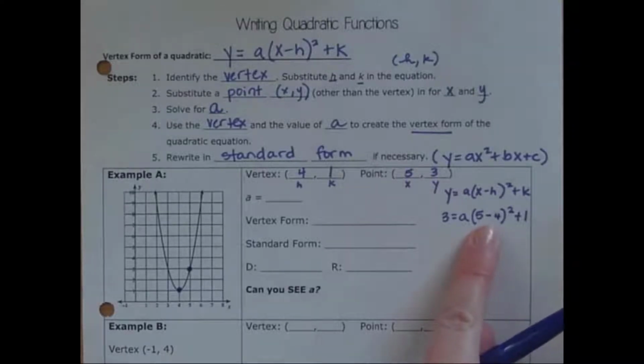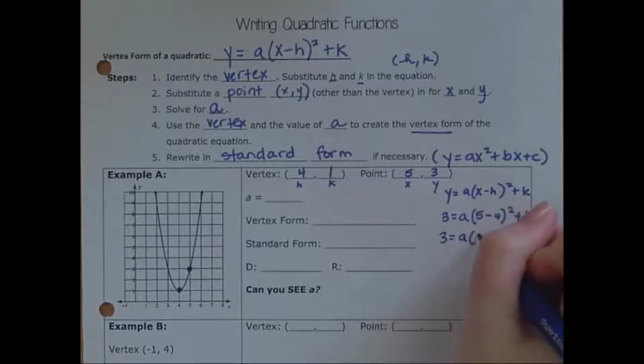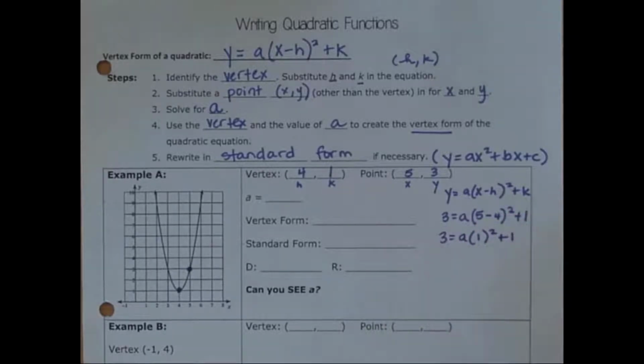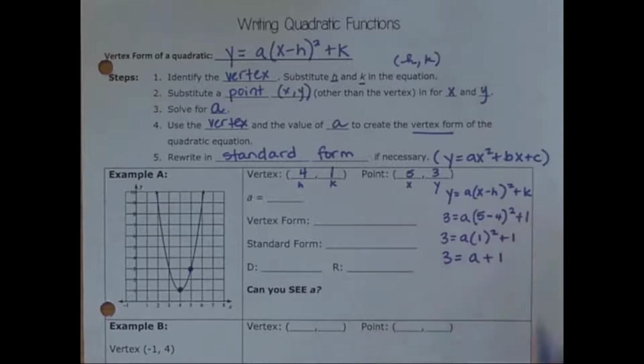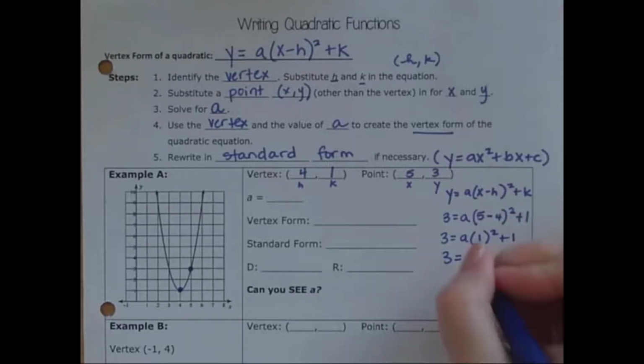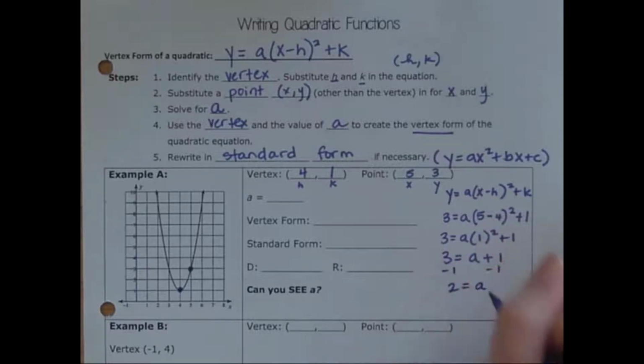Well, 5 minus 4 is 1, 1 squared is 1, so 3 equals a plus 1. So minus 1 from both sides, 2 equals a. So the value of a is 2.